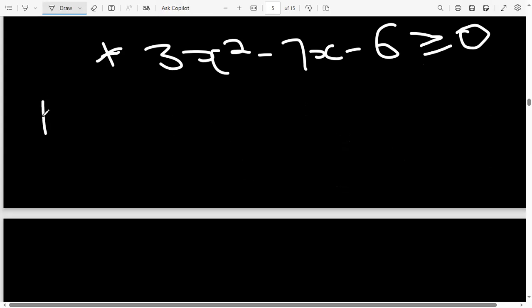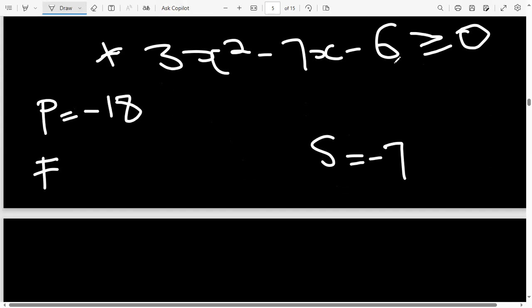So what do we need to do? We need to find the product, the factors, and the sum. The sum is minus 7. The product will be 3 multiplied by minus 6, so the product is minus 18.